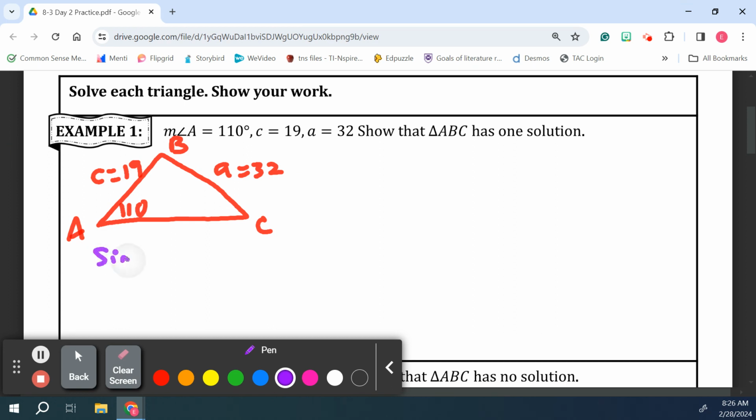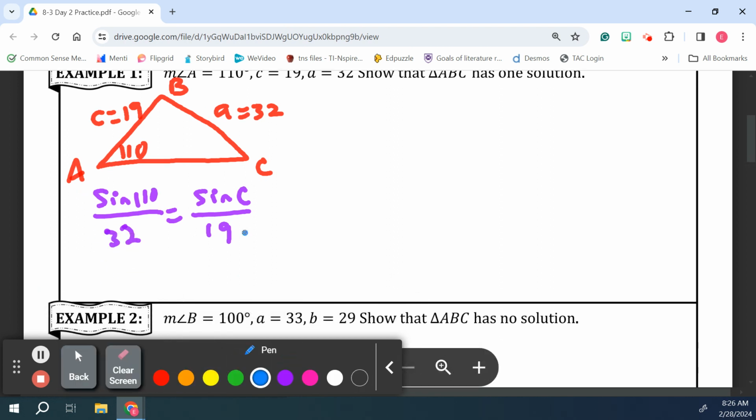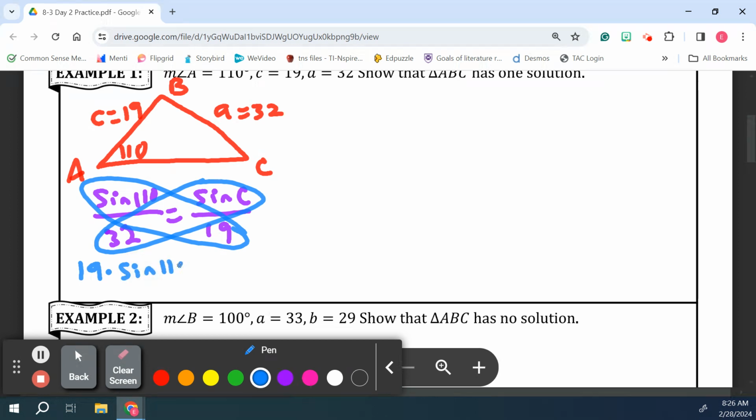So I'm going to do the sine of 110 over 32 equals the sine of C over 19. Now remember, we cross multiply, take out those calculators, very helpful. This will be 19 times the sine of 110 equals 32 times the sine of C. Divide both sides by 32.